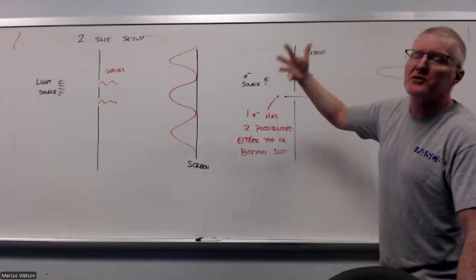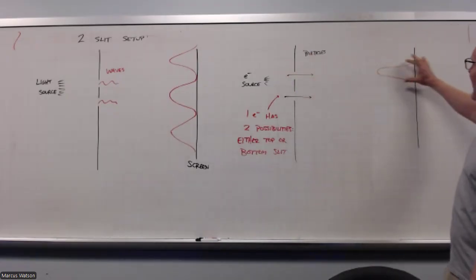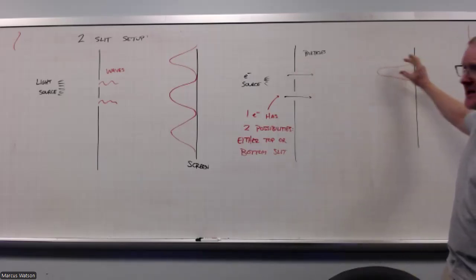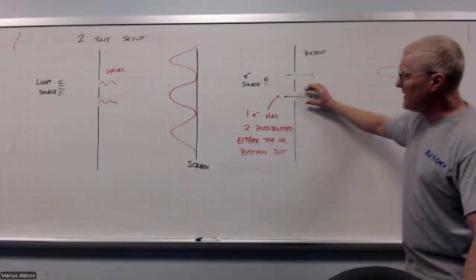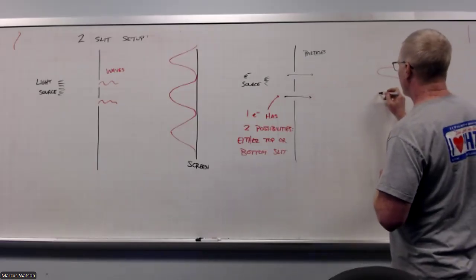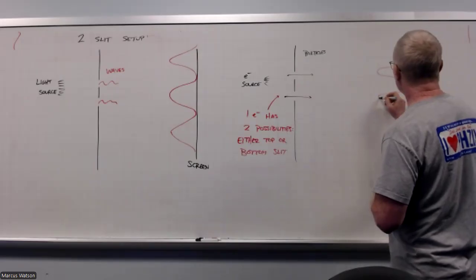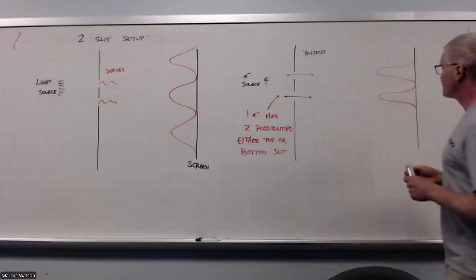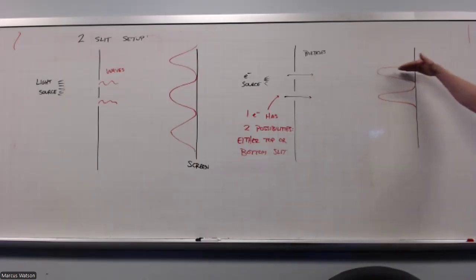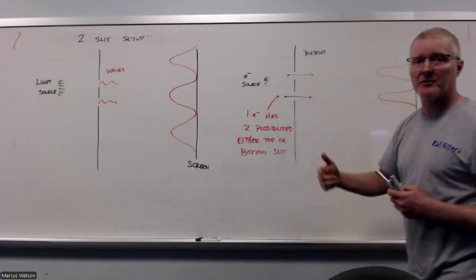But for the most part, most of them are going to end up basically, if they go through this slit, kind of over here. If they go through the lower one down here, they're going to end up kind of over here. Yeah? So it's going to look something like this, where I get either a congregation of these things going through the top and ending at the screen up here, or a bunch of them that have ended up on the screen down here, having gone through the bottom one.